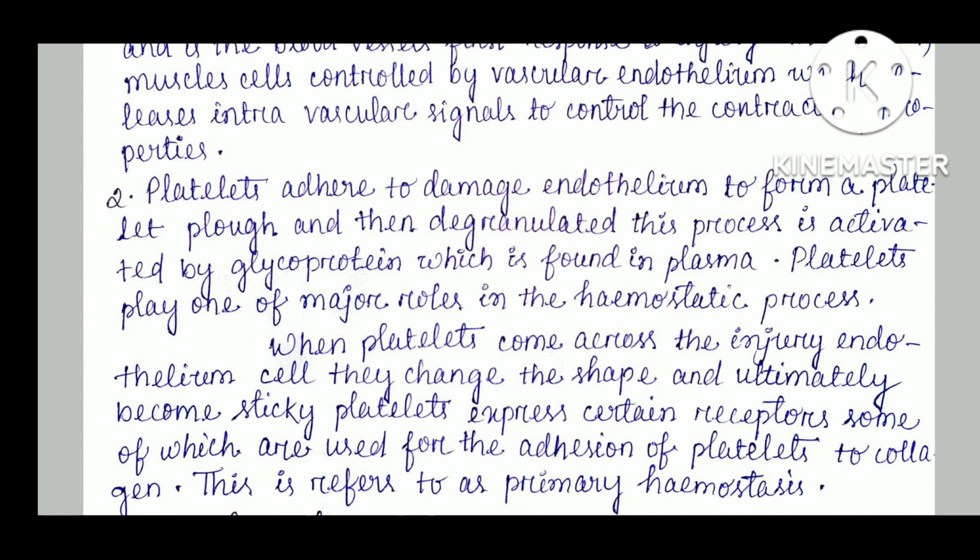Then the second one is platelets. Platelets adhere to damaged endothelium to form a platelet plug, and then degranulation occurs. This process is activated by glycoprotein, which is found in plasma. Platelets play one of the major roles in the hemostasis process.